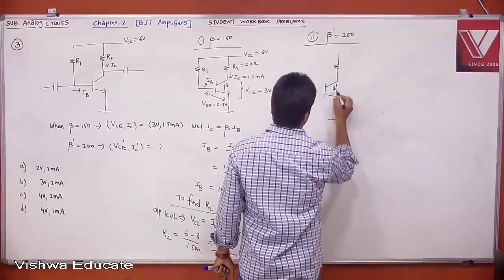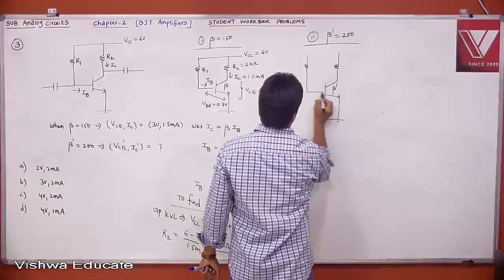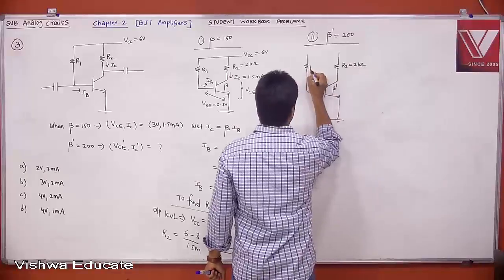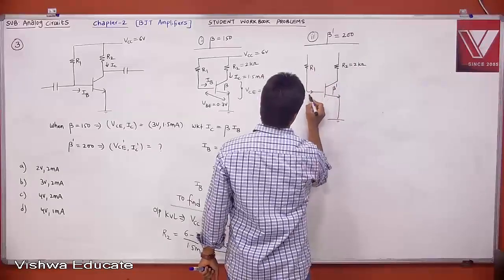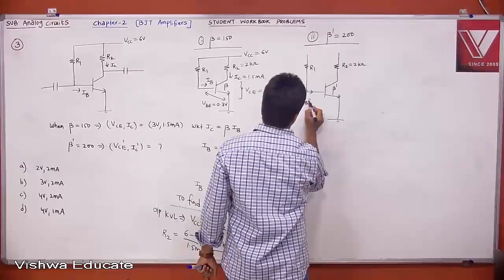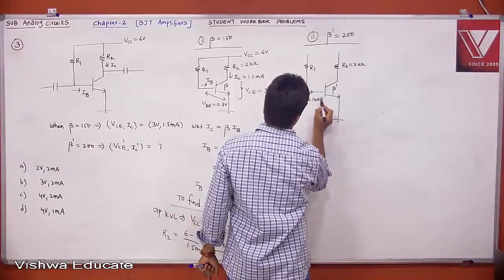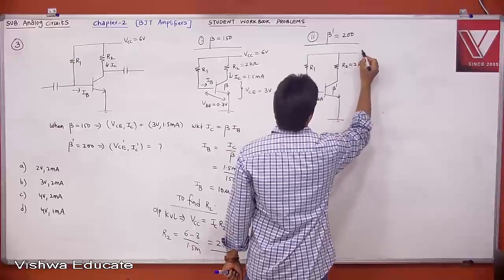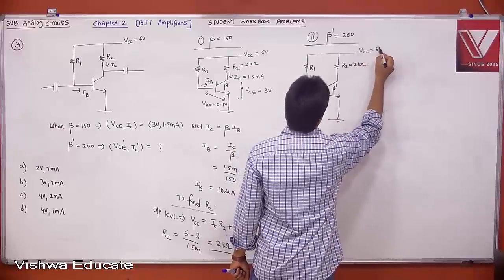This is your beta dash. Your R1, R2 won't change. R2 is already known to you, which is 2K. You can calculate R1 also, but it is not required because ultimately IB is important. IB is 10 microampere. That won't change, right? Because VBE is almost 0.7.